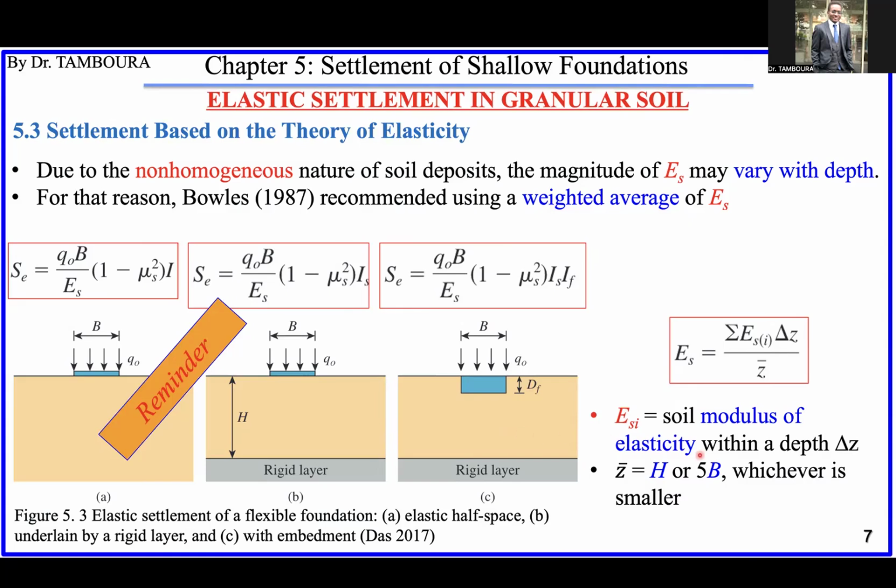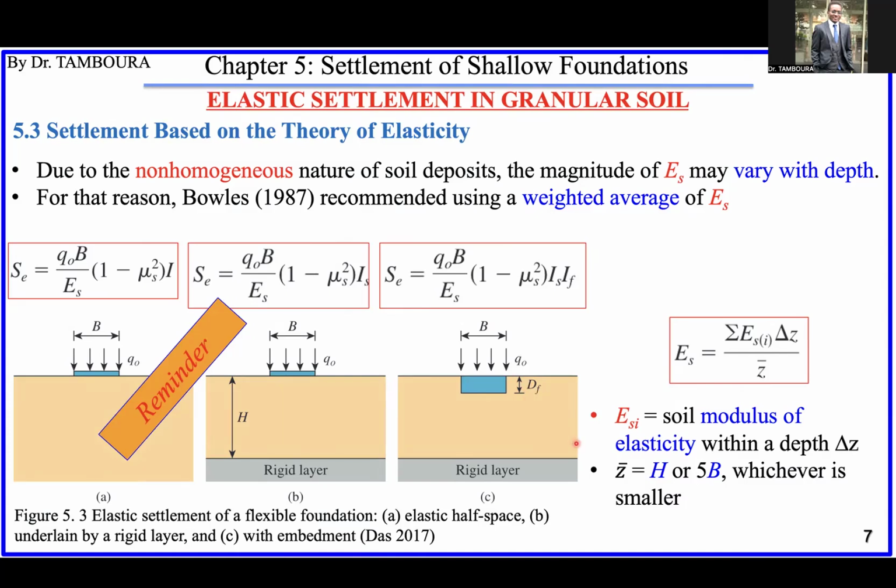But using an average is actually not reflecting the reality of the soil. That's why we need to modify these equations to take into account the fact that the modulus of elasticity is really not constant in the ground. Because the modulus of elasticity is increasing when you go deeper in the ground.